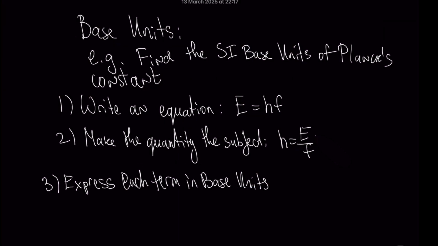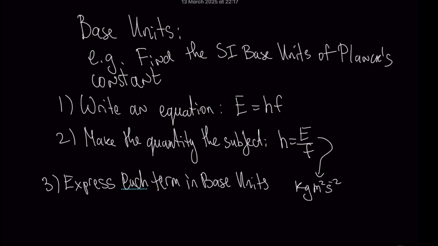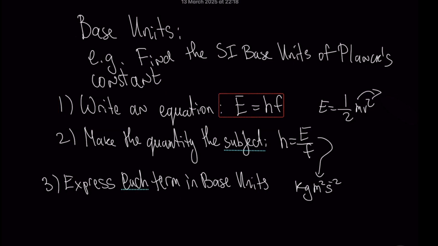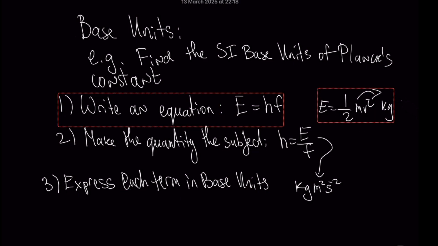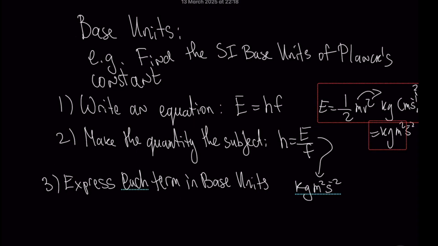For instance, in this case, the base unit of energy is kilograms meters squared s to the power of -2. Side note, but how do I know that? I always pick an equation for energy, I don't know, a half mv squared, for instance. So the half has no units. This is kilogram. Speed is in meters per second, squared, giving me kilograms meter squared s to the power of -2.